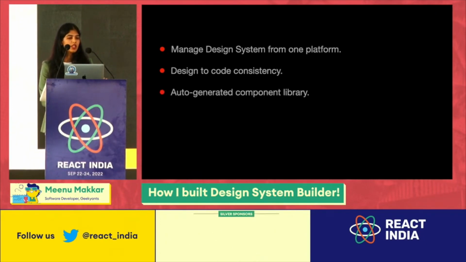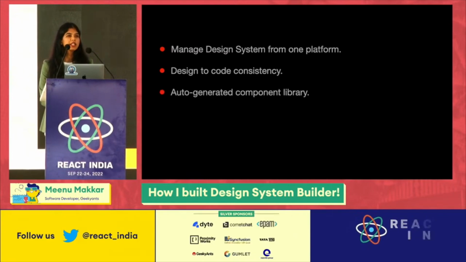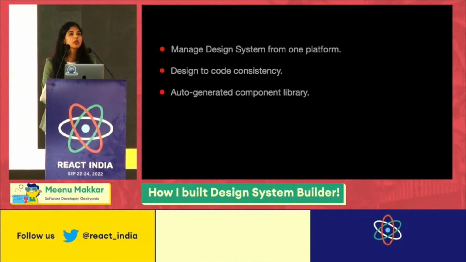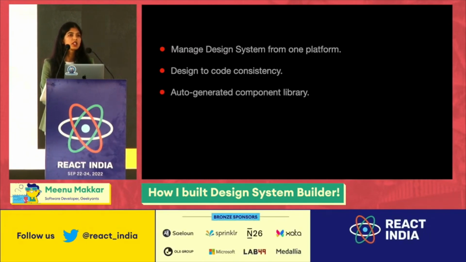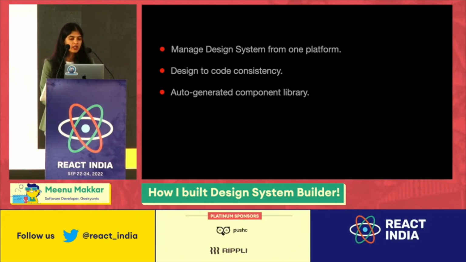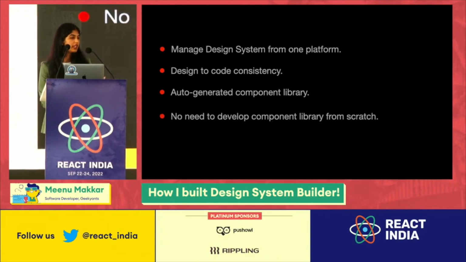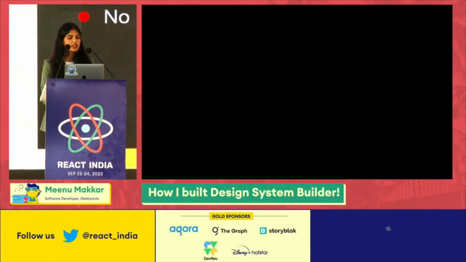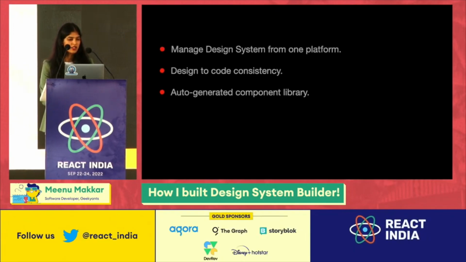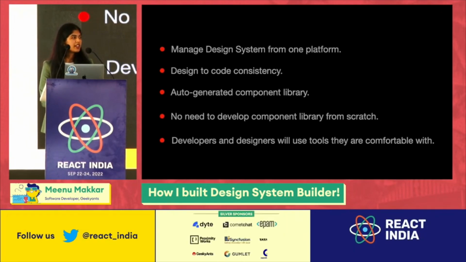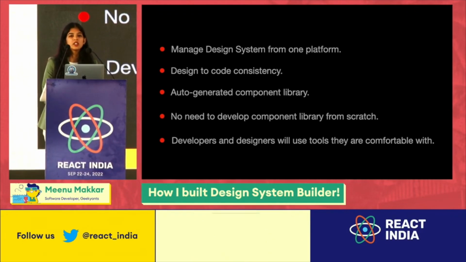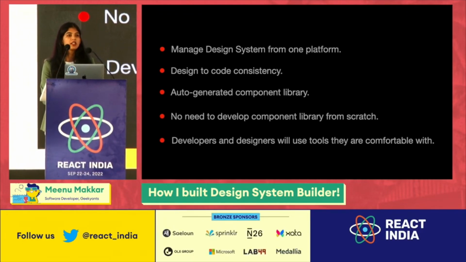And we get an auto-generated component library. You don't have to create it from scratch; we are giving a boilerplate for that. There is no need to develop a component library from scratch. And yes, developers and designers will use the tools they are comfortable with. They don't need to switch away from the coding and Figma tools they are comfortable with.